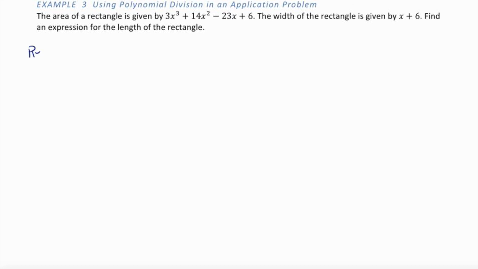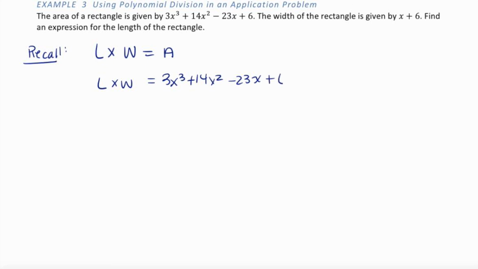So let's recall from algebra that length times width equals area. We're told that the area of a rectangle is equal to 3x cubed plus 14x squared minus 23x plus 6. So this is the area here.